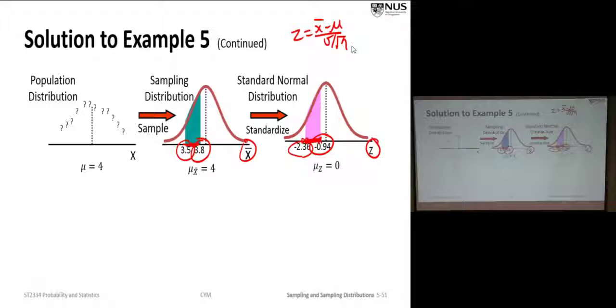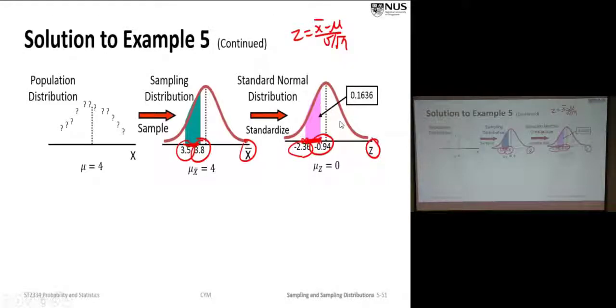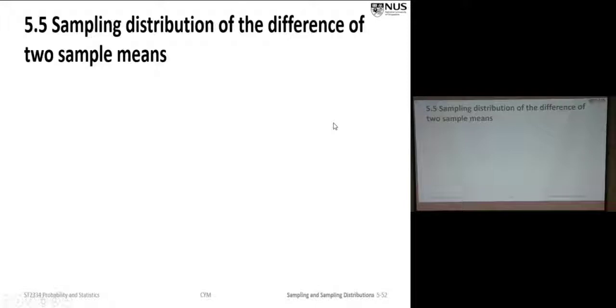So the answer is 0.1636. All right, so we have discussed a lot on the sampling distribution of x bar.